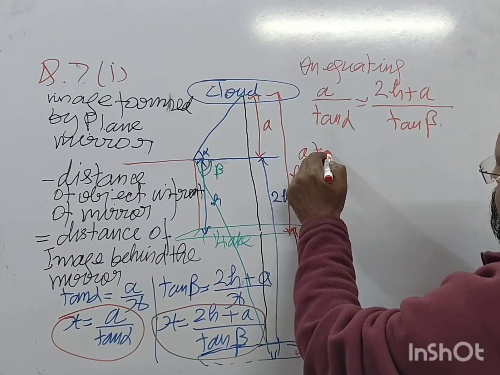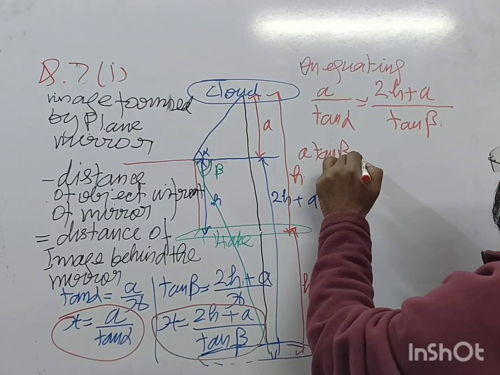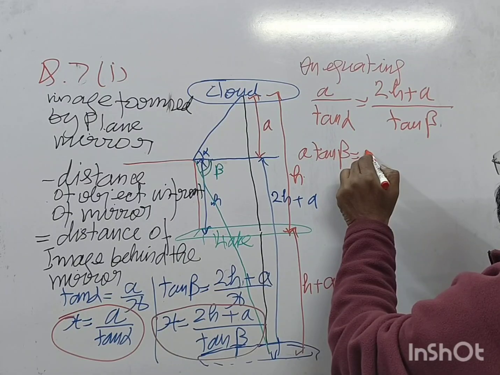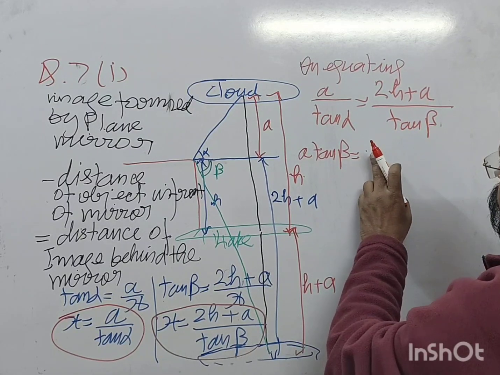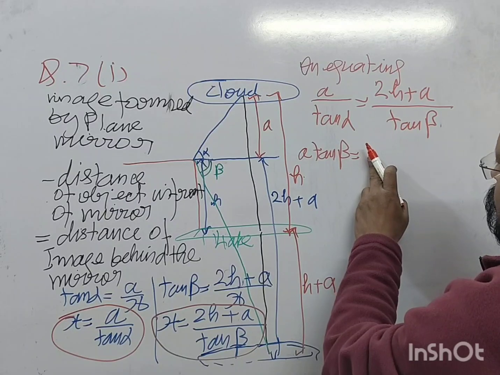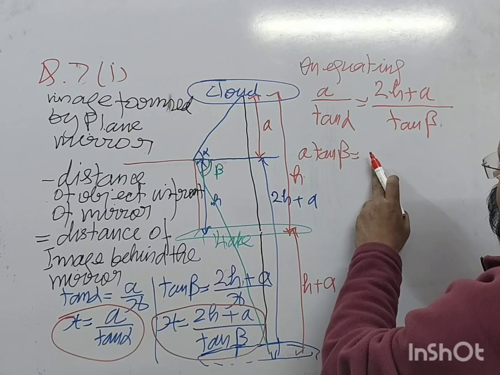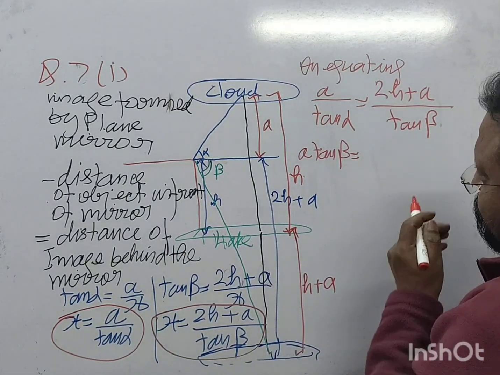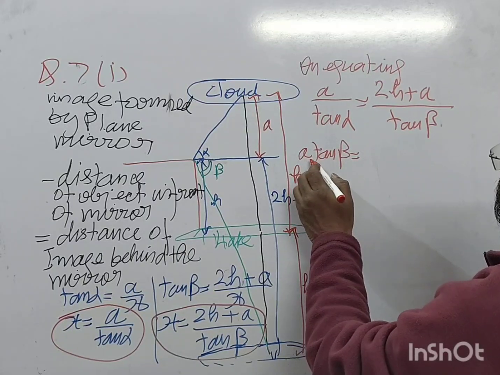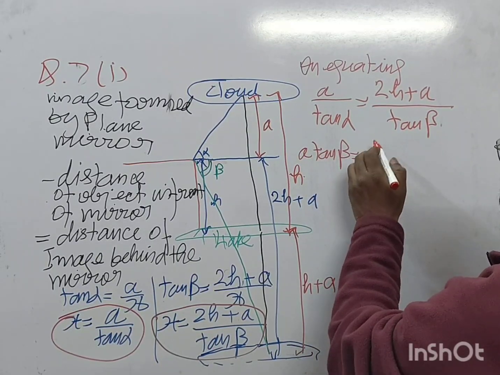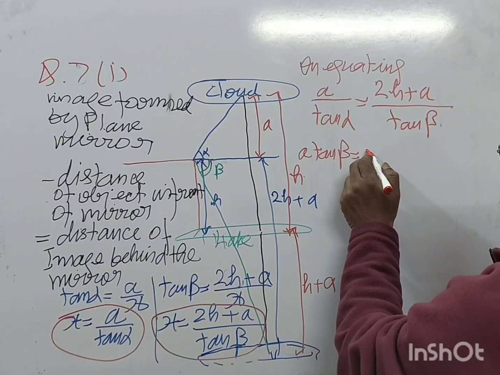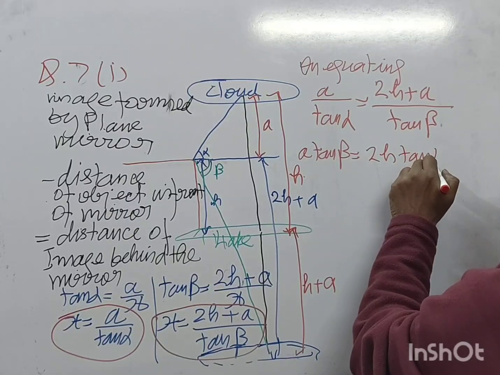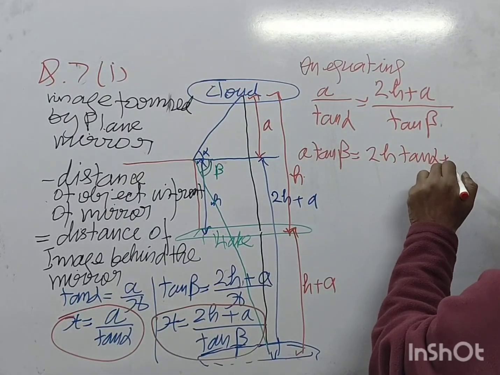A tan beta is equal to 2h tan alpha plus A tan alpha.